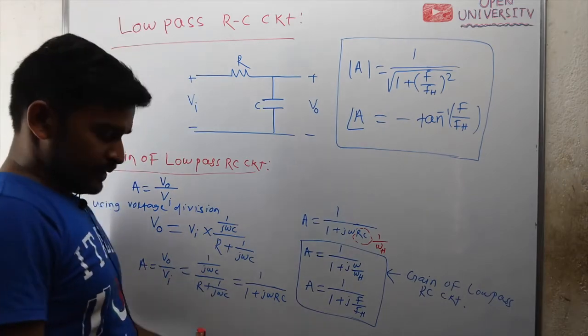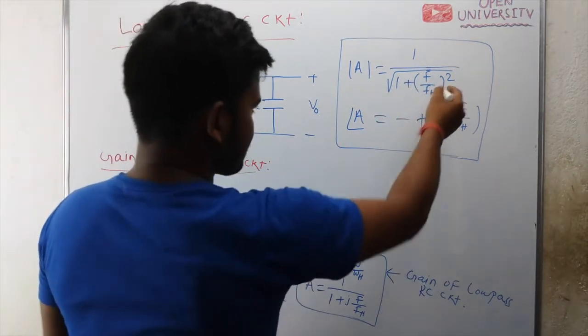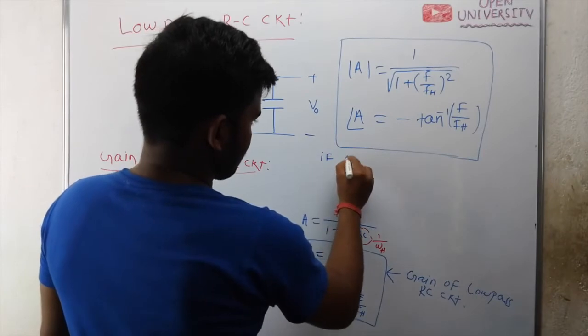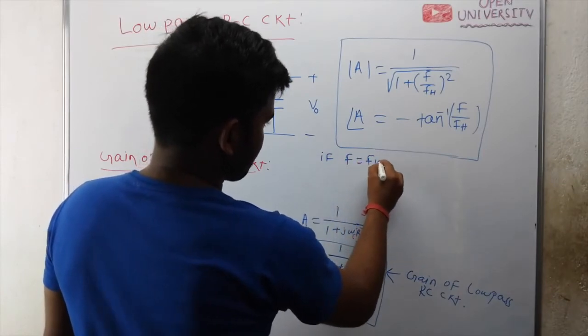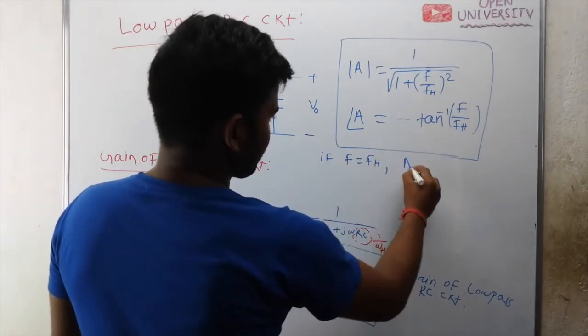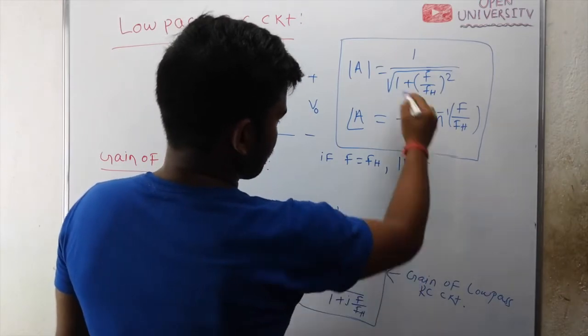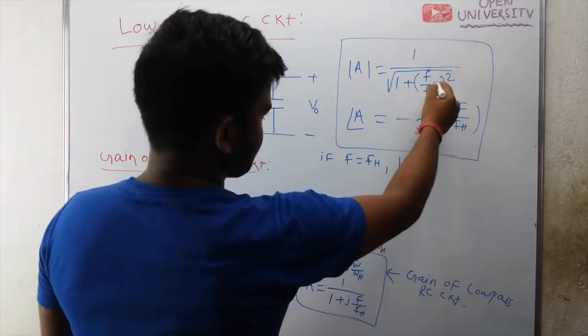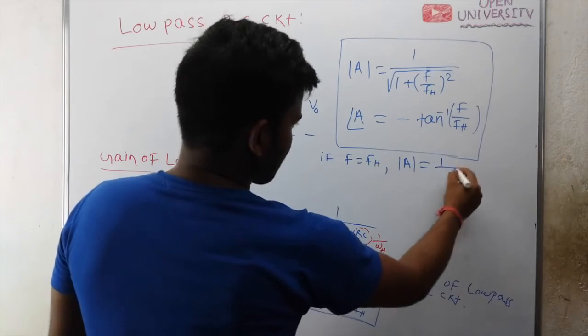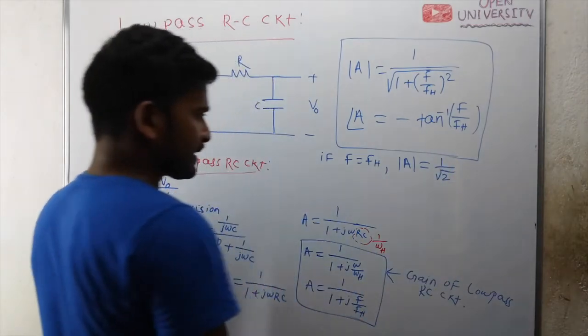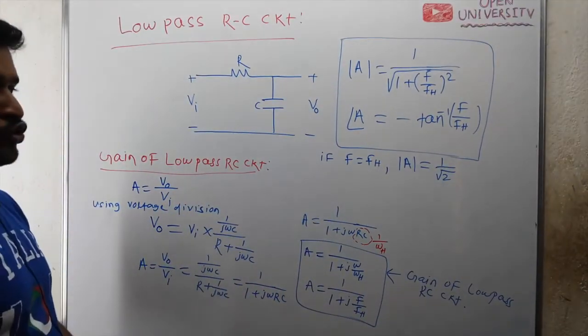If you put f equal to fh, then your magnitude of gain becomes 1 by root of 1 plus 1. F equal to fh, you substitute, gain becomes 1 by root 2.